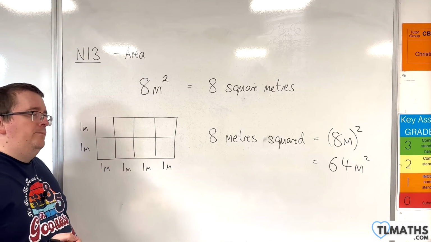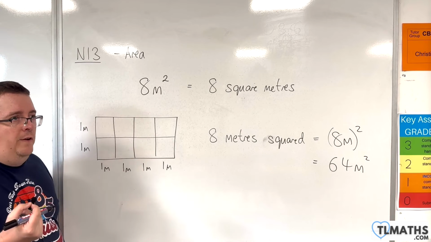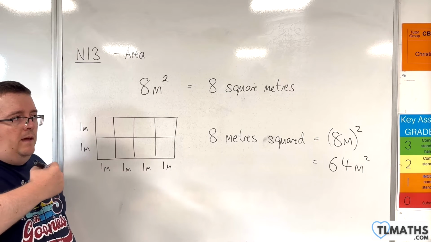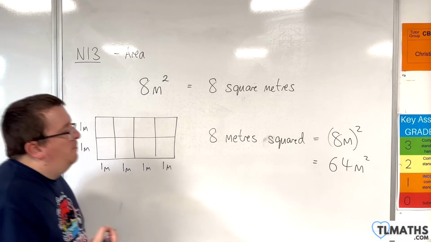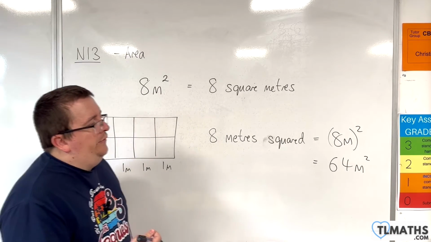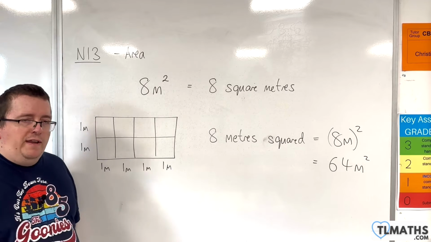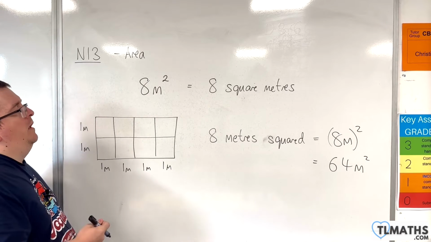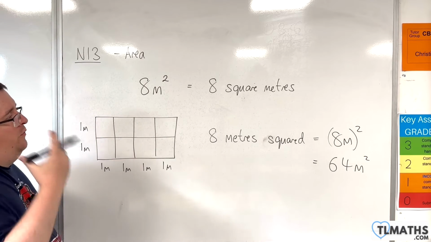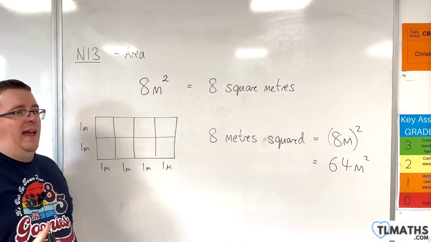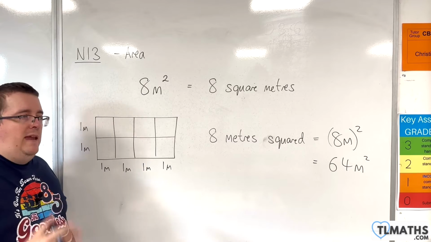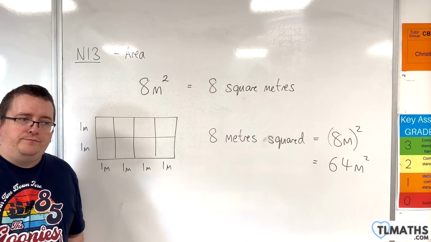So there is probably a little bit of being pedantic here, but this is something that you run into. So be aware that although when you read this, you'll probably still be saying 8 meters squared, what you mean is 8 square meters.